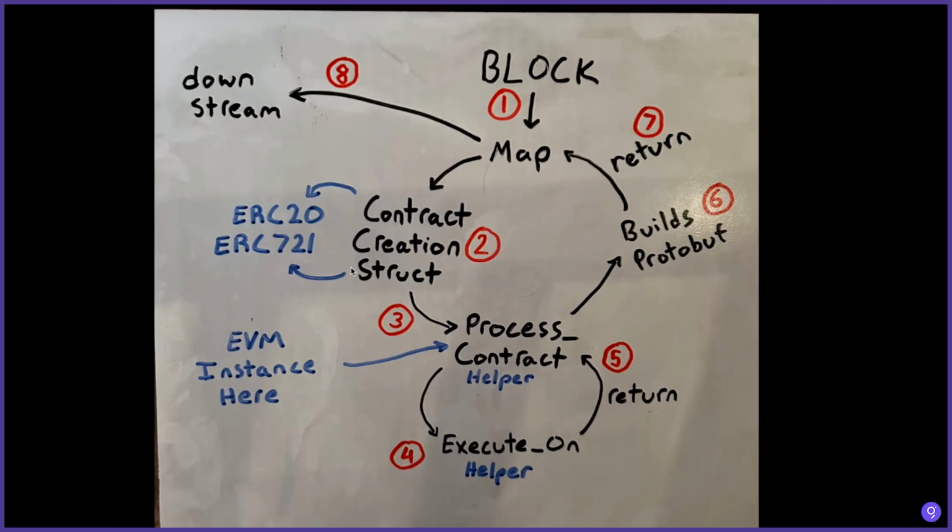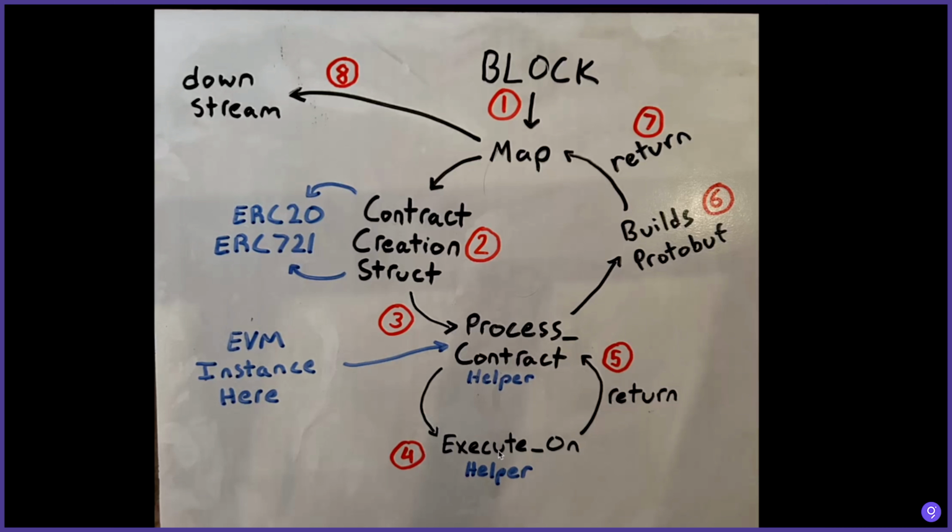Then we pass these structs into our process contract functions. We have one for ERC20 and one for ERC721. That calls the execute on function, which has the machine instance in it.